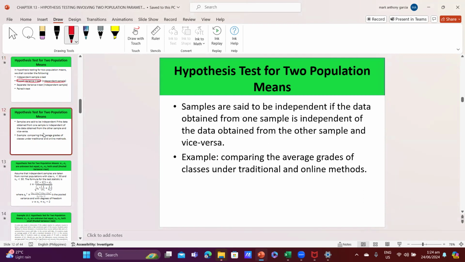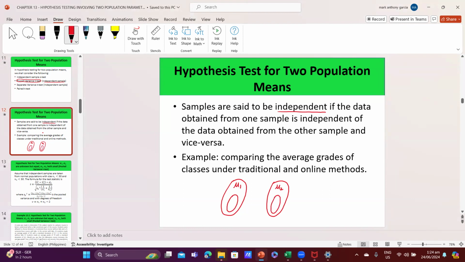So again, to recall, samples are said to be independent of each other if the data obtained from one sample is independent of the data obtained from the other sample and vice versa. So for instance, if we are comparing the average grades of students from traditional classes and the average grades of students from classes under online methods, we get samples or data from the first group and samples or data from the second group.